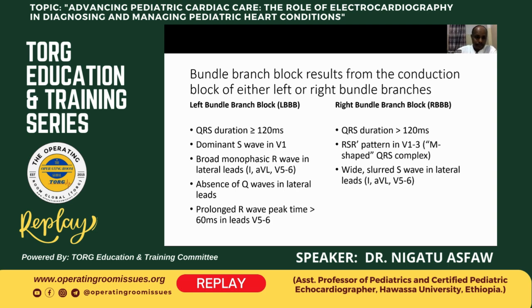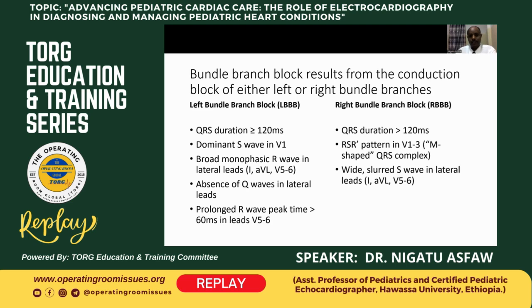And in left bundle branch block, there will be a dominant S wave in V1, and we will get a broad monophasic R wave in lateral leads. That means in lead 1, aVL, and V5 and V6. And there will be absence of Q wave in lateral leads.